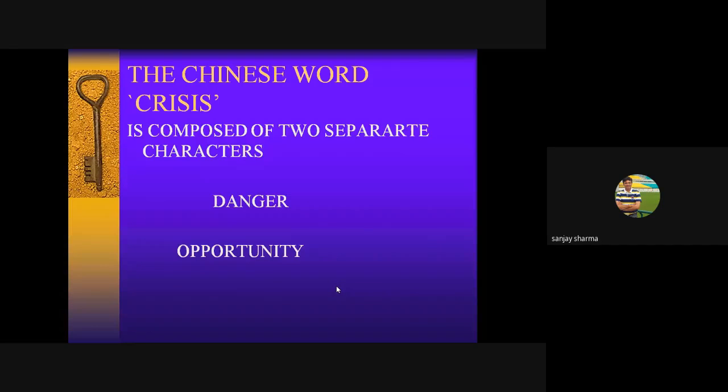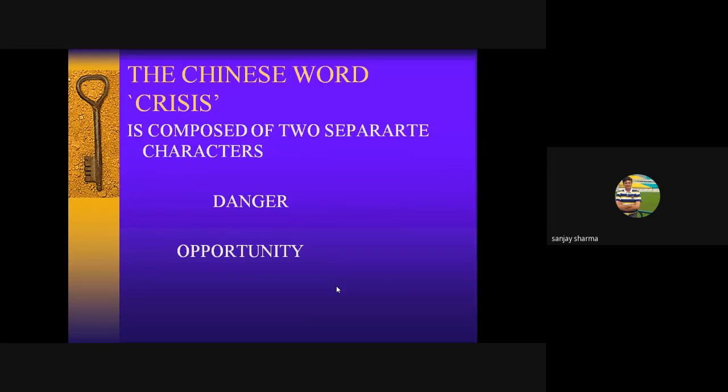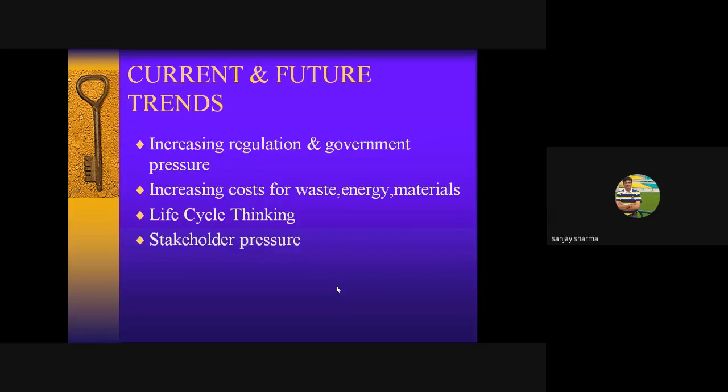So the Chinese proverb is composed of two words: danger and opportunity. From the danger, we have to think that some opportunity is always there. So we must look for the opportunity out of any sort of crisis.